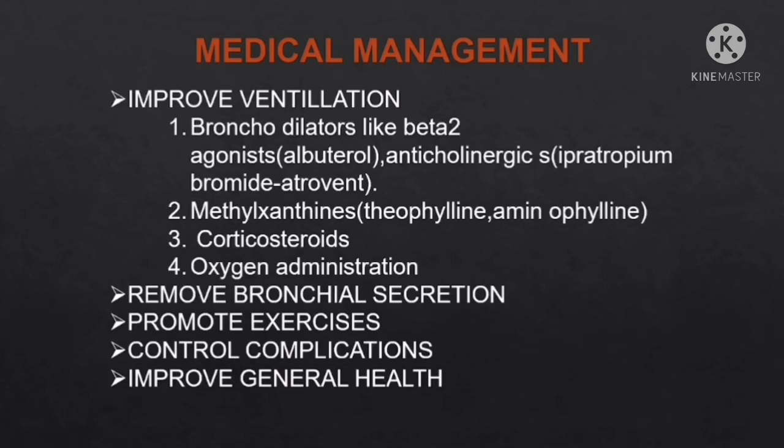Then next is methylxanthines and also the corticosteroids, then administering oxygen to improve the ventilation of the patient. The next is remove the bronchial secretion. Then promote exercises, then control complication, then improve general health.